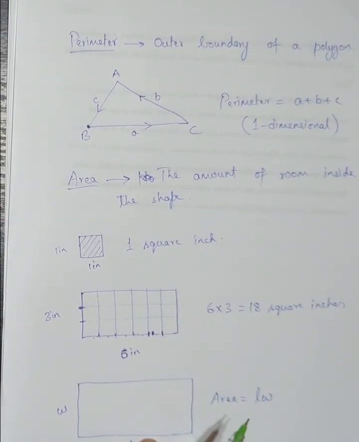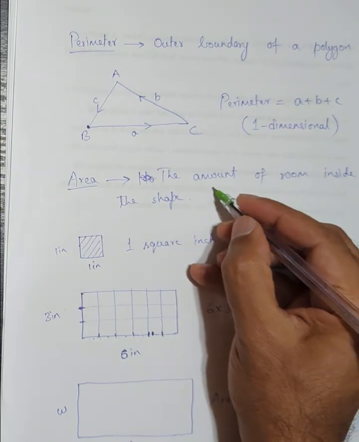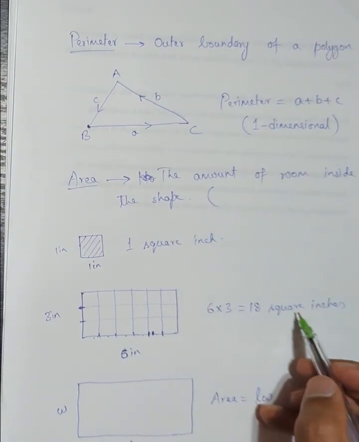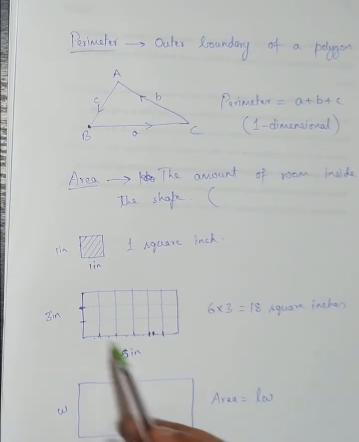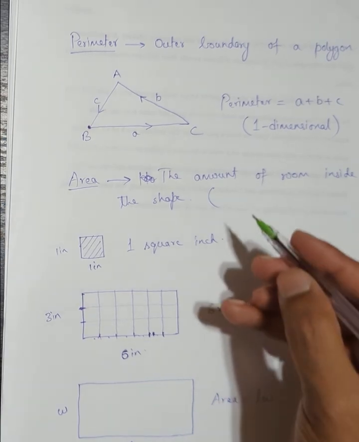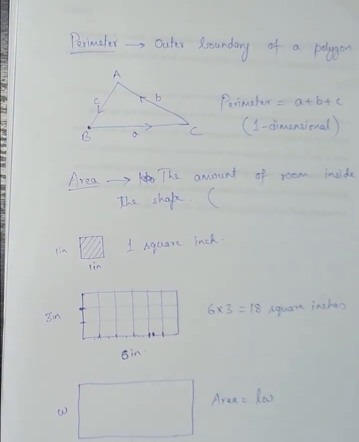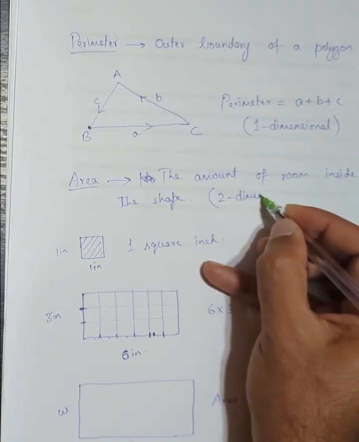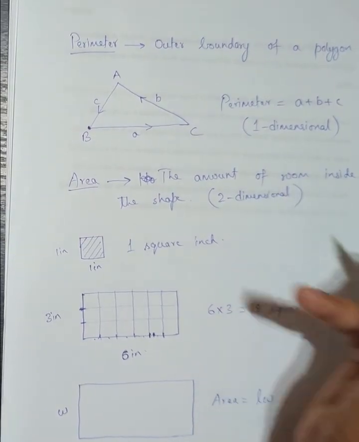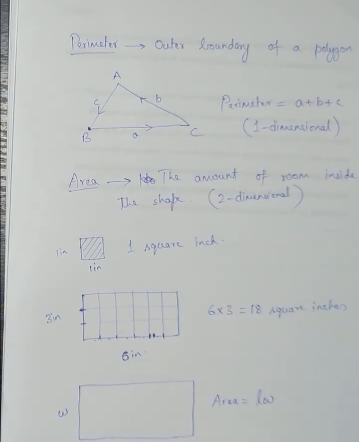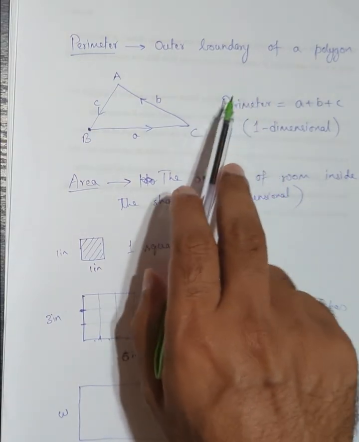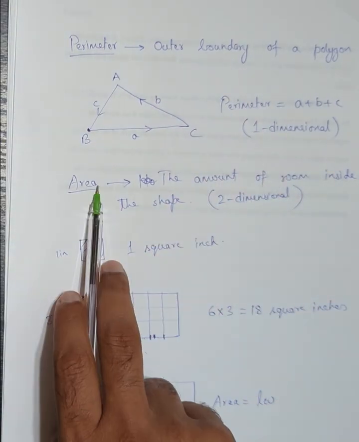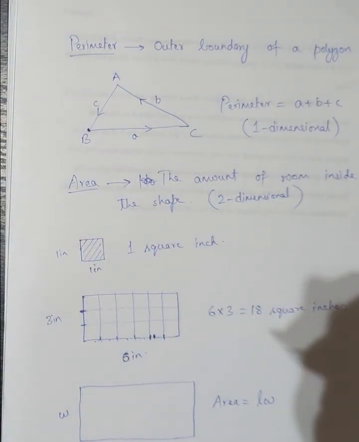And since you are multiplying two dimensions, your units are not inches anymore, they are going to be square inches. So square means to the power 2. So this is a two-dimensional quantity. So perimeter is one-dimensional, area is two-dimensional.